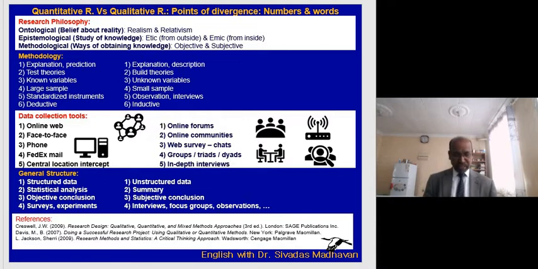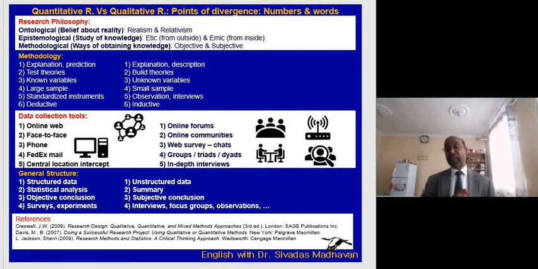And the next one is central location intercept. Central location intercept. So different ideas will be there, and they select the point of intercept. But in the case of qualitative research, it is in-depth interviews.